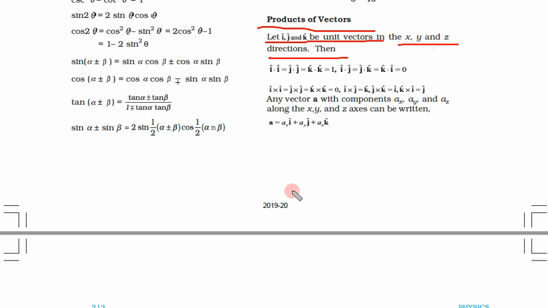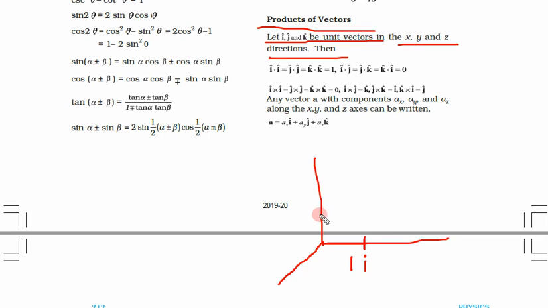Now let us see how we can write some vector. So this is our 3D system. Suppose we move one step in X direction, so we have moved 1i in X direction.